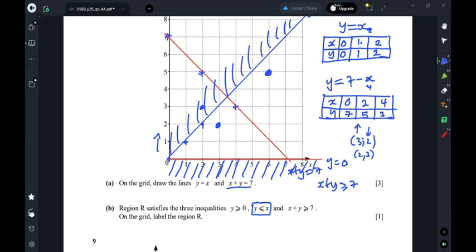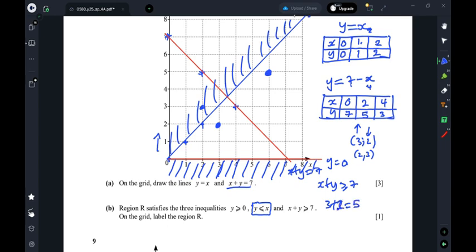I'm going to take a region below it and see what happens. For instance, the coordinate 3, 2, where x is 3 and y is 2. When I add 3 plus 2, it gives me 5, and 5 is not greater than 7.